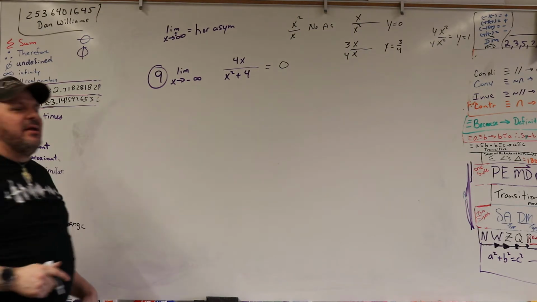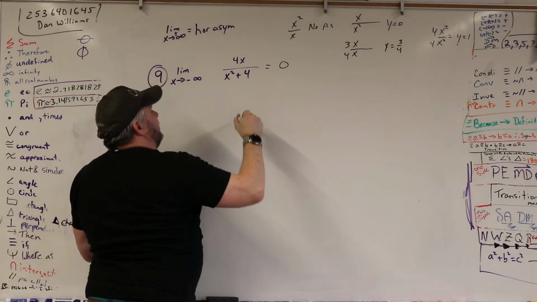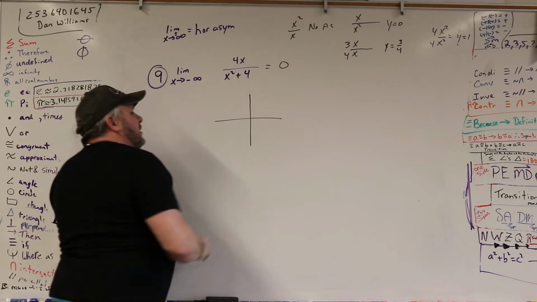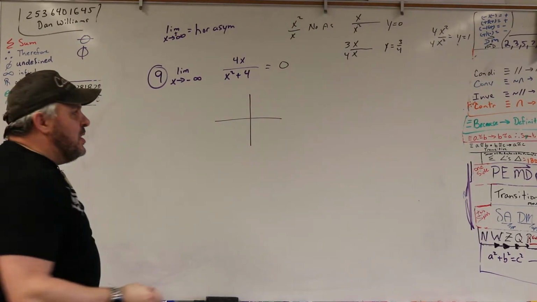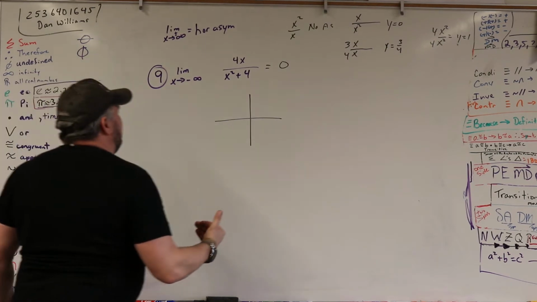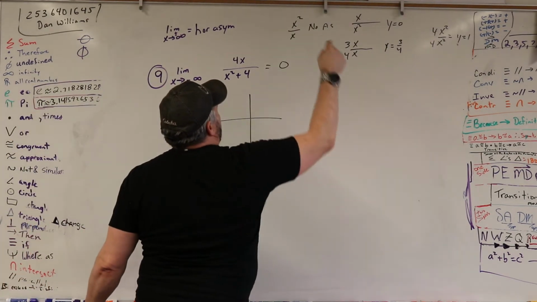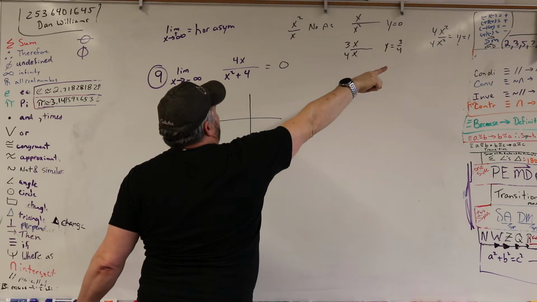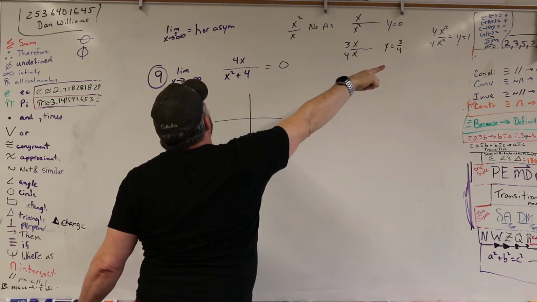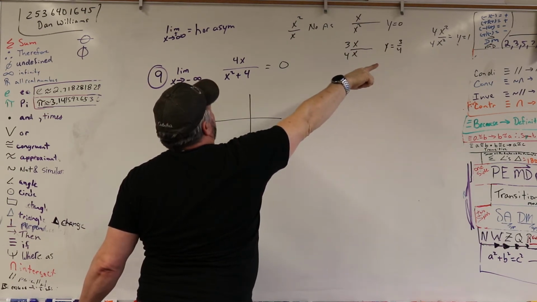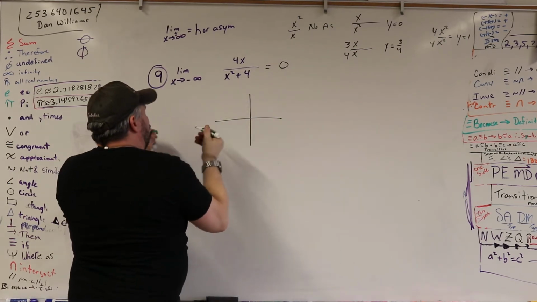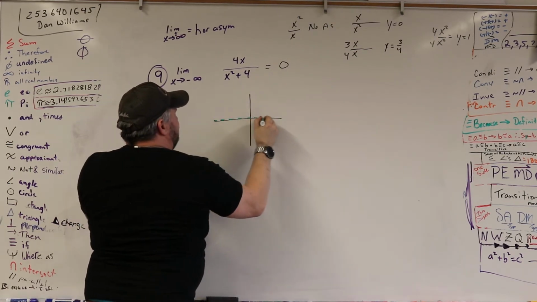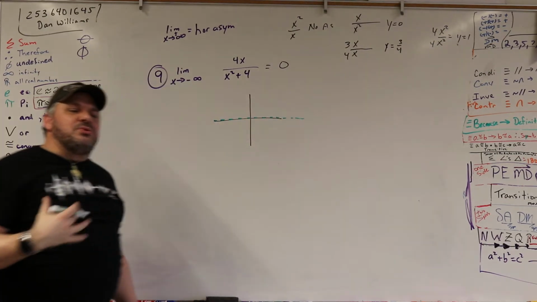Let's take a look though at why. Just because it works out that way, we want to understand why it does. So we're looking at this, and I know that there is an asymptote at 0, so this line is an asymptote. That means it won't cross.